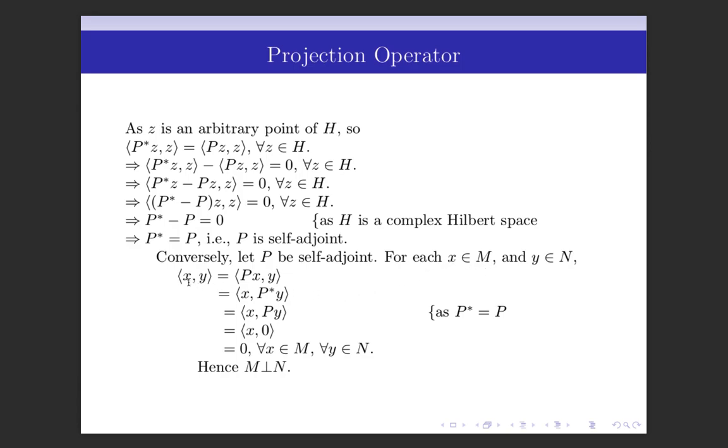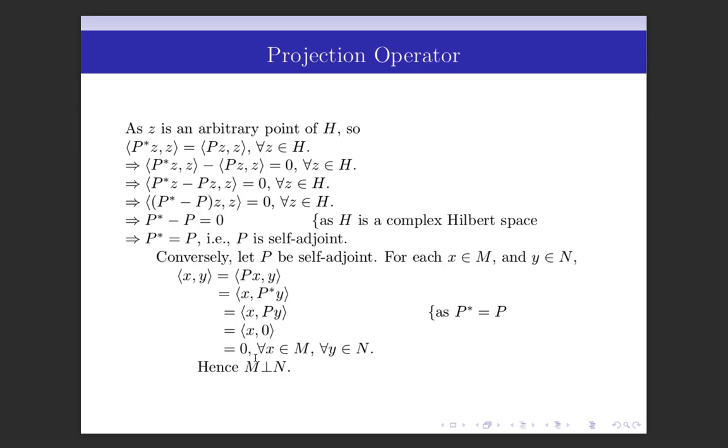So here x can be replaced by Px. And by the definition of Hilbert adjoint operator, we can write the inner product of x, P star y. And since P is self-adjoint, P star is equal to P, so we can write the inner product of x, Py. But y belongs to the null space N, so Py is equal to 0.